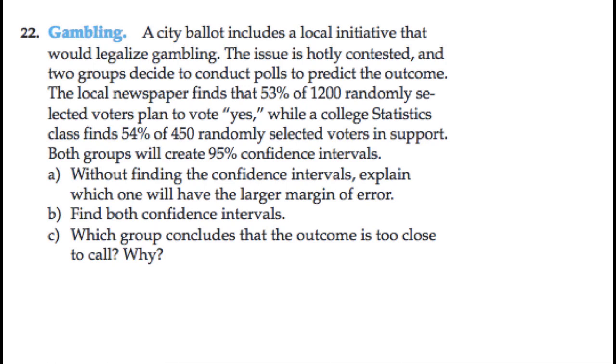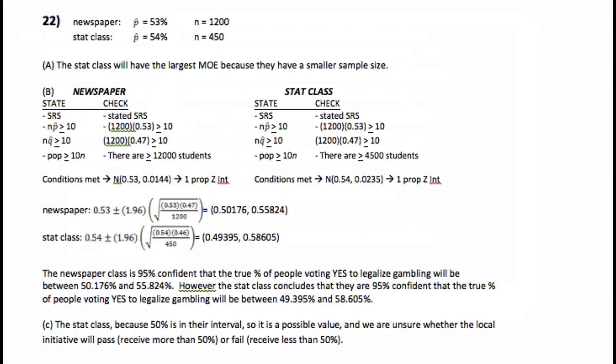Both groups will create 95% confidence intervals. Part A: without finding the confidence interval, explain which one will have a larger margin of error. Part B: find both confidence intervals. Part C: which group concludes that the outcome is too close to call, and why?